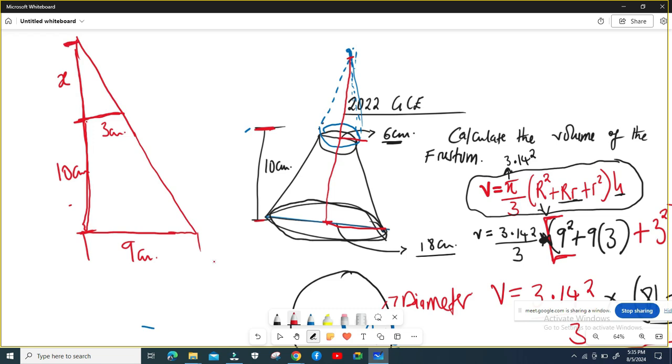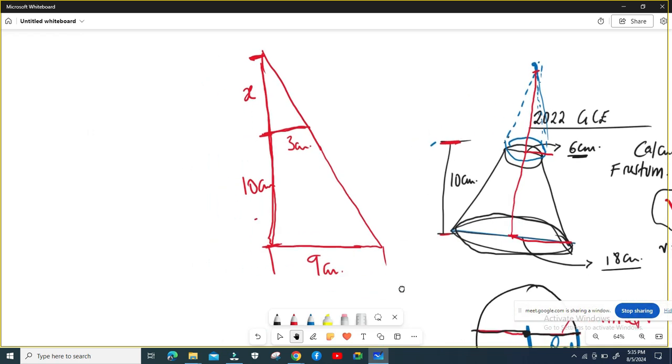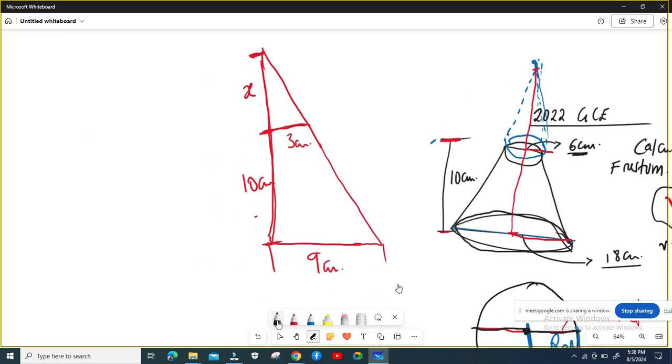So we need to use the concept of similar triangles. For us to come up with a formula, let me put some letters in this diagram: A, B, C, D, E. So what does the concept of similar triangles mean?